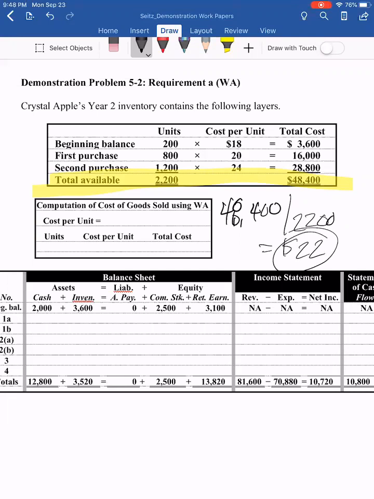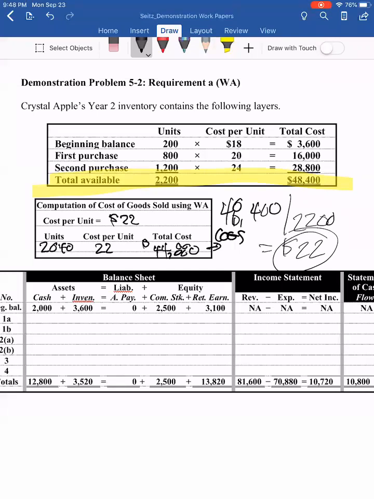Well, if I sold, which is right here, $22, if I sold 2,040 and then I use this cost per unit, I can quickly calculate 44,880. Okay, that can be a cost of goods sold. So that would be the cost of goods sold amount. It's quite simple to do it that way.